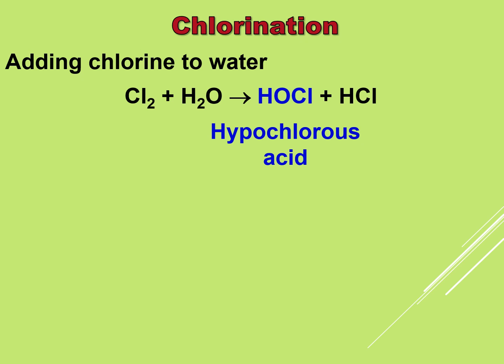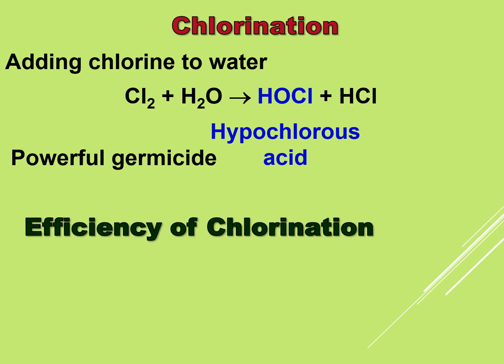And this hypochlorous acid is a very powerful germicide. It will destroy all microorganisms. So chlorination is a very simple technique. You just have to add some chlorine to water. It produces hypochlorous acid and that destroys the microorganism.